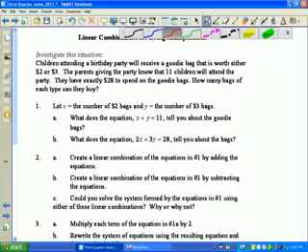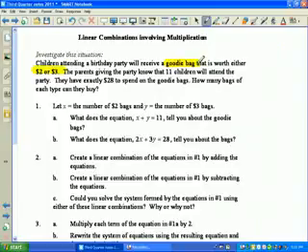So first things first. This situation, they're giving us information. But what's jumping at us? I know that I can get either a $2 or a $3 goodie bag. I know that 11 children are going to attend the party, and the parents that are throwing the party have exactly $28 to spend. And what I'm looking for are how many bags of each type.